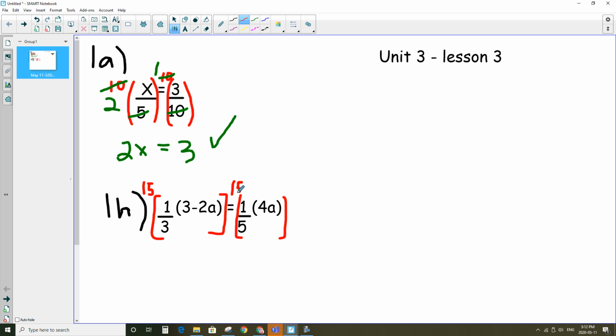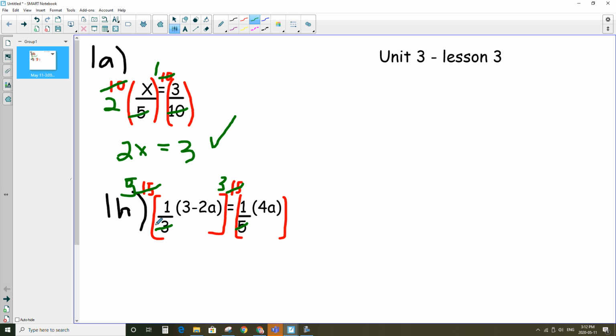Okay, it's always the same process. And now I'm going to reduce. 15 divided by 3 is 5. So cross the 15 and the 3 and put a 5 instead. And then 15 divided by 5 is 3.